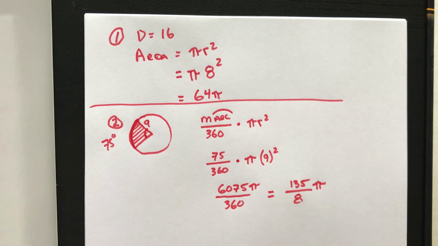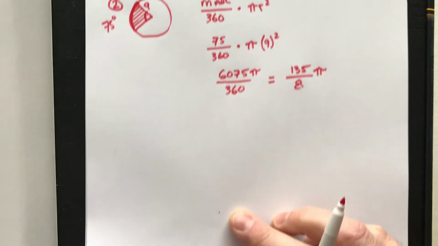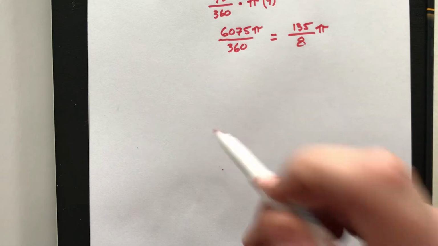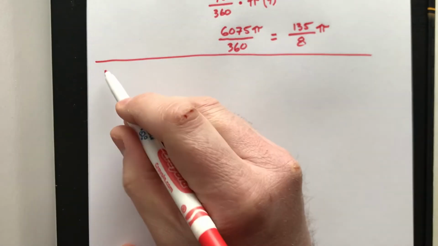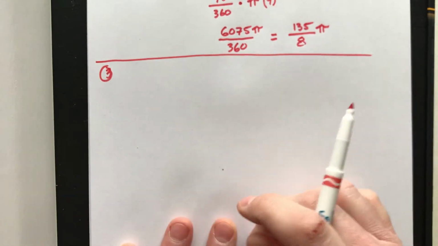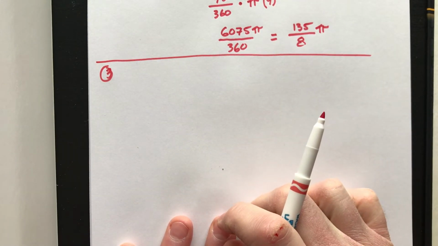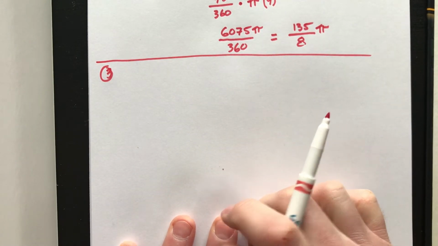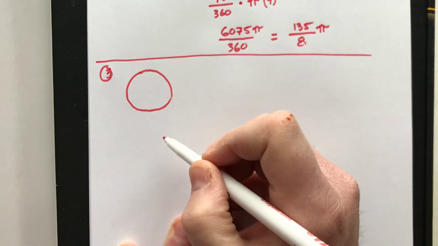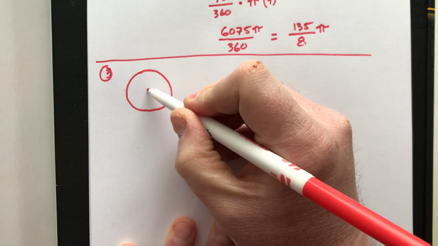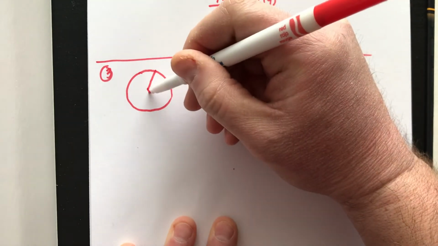Let's find a segment. Let me move my sheet of paper up. Problem number 3. Once again, these can get kind of messy, so try to follow along. We have our circle that they give us, and we've marked off this area.